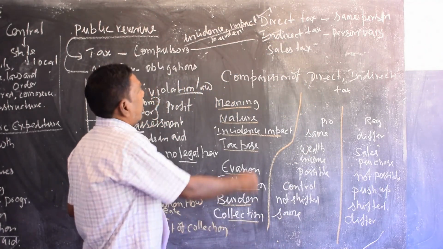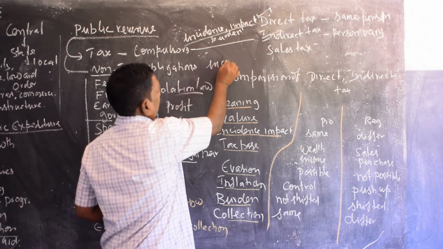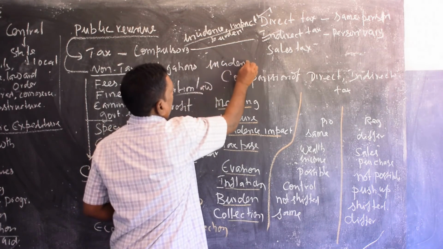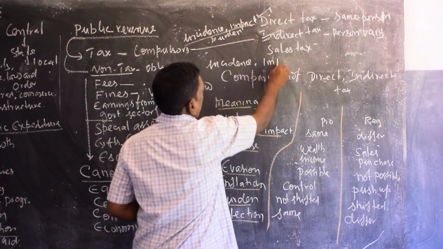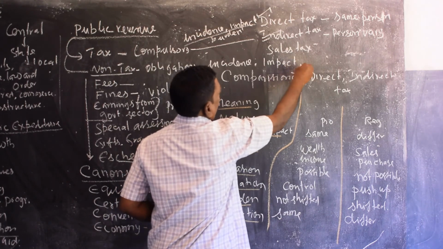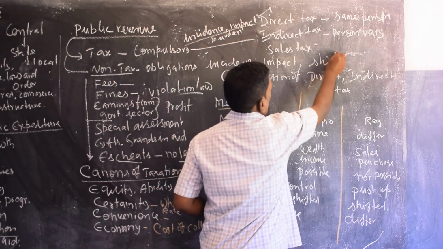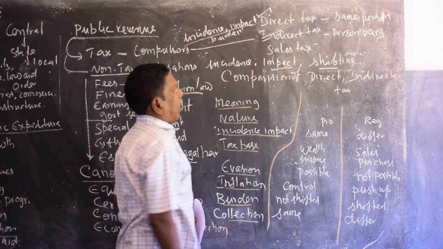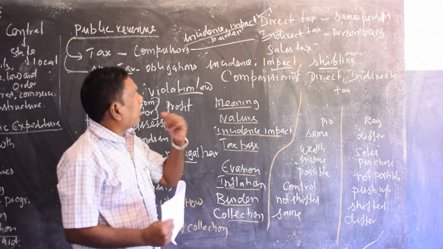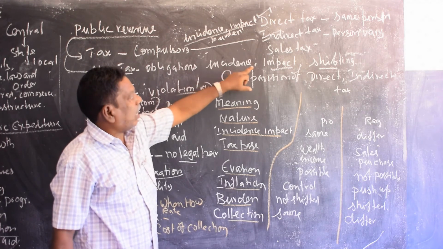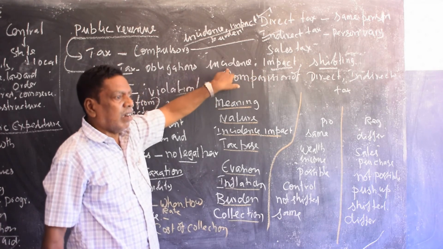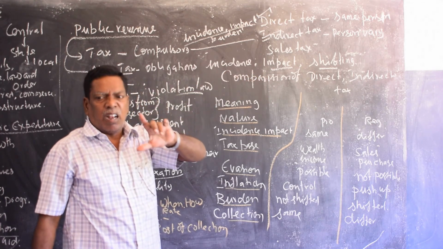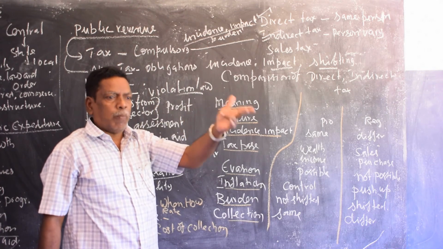One, incidence, impact, and shifting. What is incidence? At the very beginning, the first level, the tax is imposed on what, for whom?